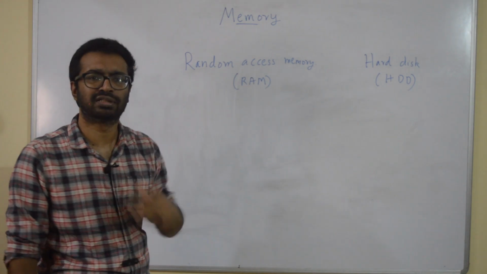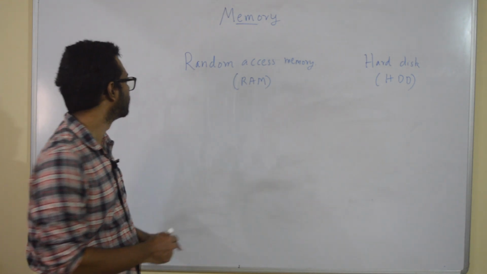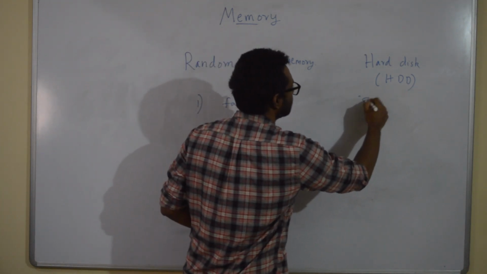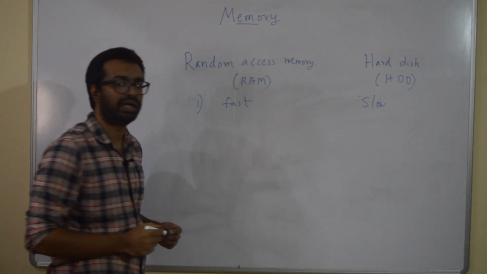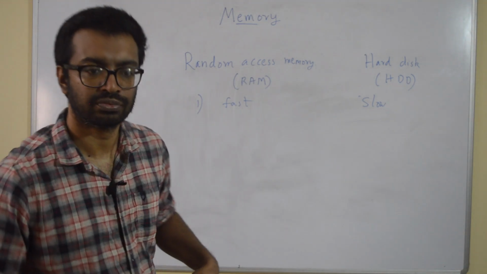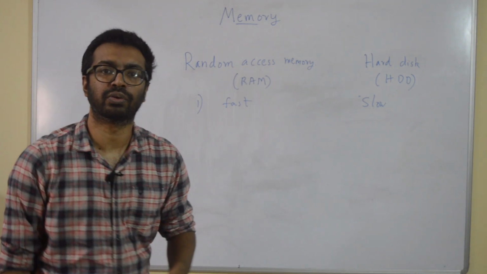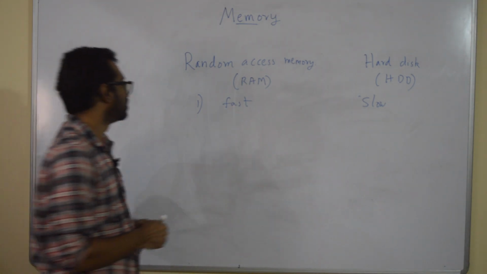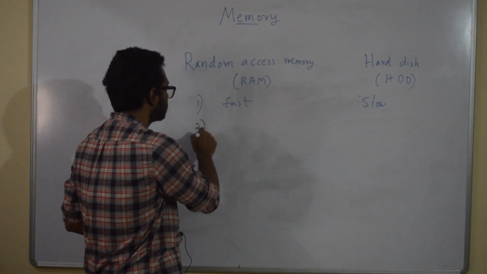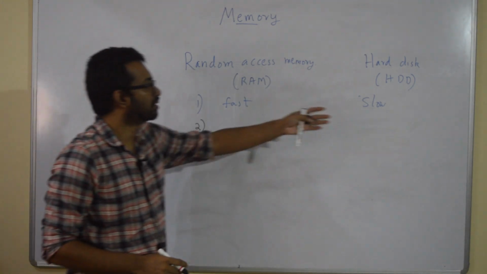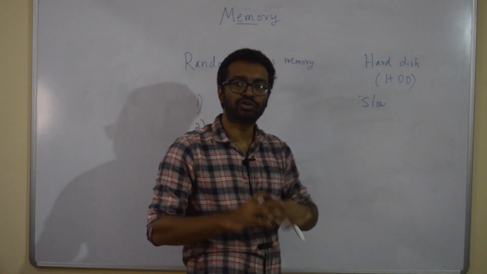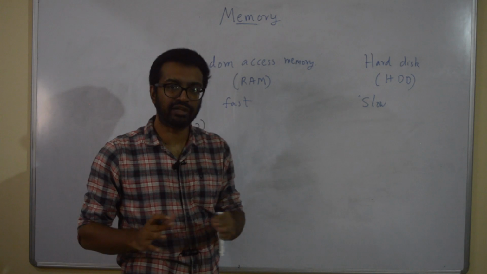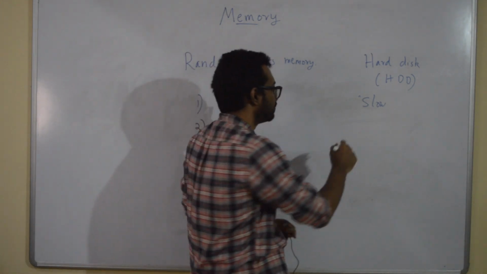One, RAM is fast. Hard disk is slow. Next, if you store something in the hard disk, it will be stored there even if there is no power source.